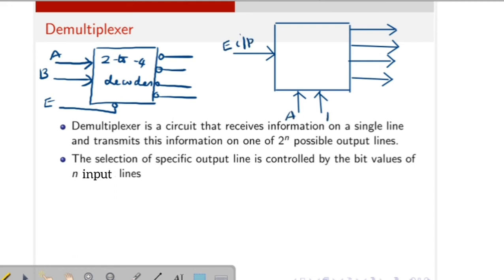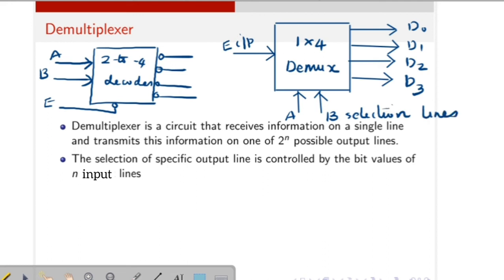Then selection lines are AB. Then this one is D0, D1, D2, D3. So this is called a 1/4 demultiplexer, or 1/4 demux. So these ABs act as the selection lines. Clear? So this is the 1/4 demux.